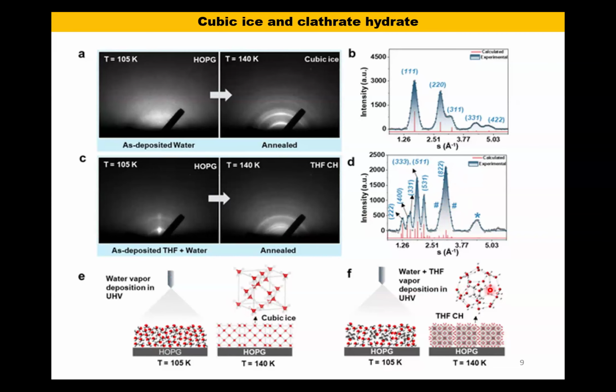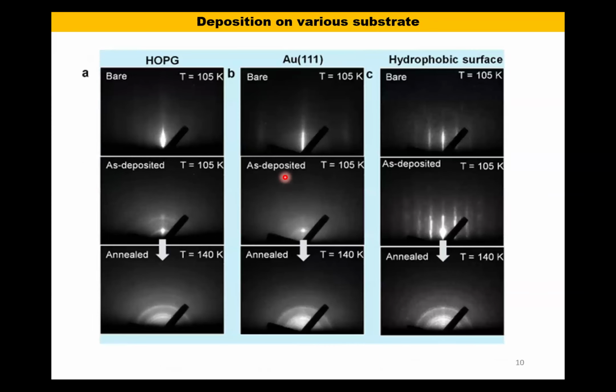forms THF clathrate hydrate. So now we are depositing on a ruthenium 0001 substrate, and here we deposited on HOPG. As we all know, the crystallization of ice is somewhat dependent on the surface also. To see the surface effect on this clathrate hydrate formation, we have taken three different substrates. One is HOPG, one is gold 111, and one is a hydrophobic surface.